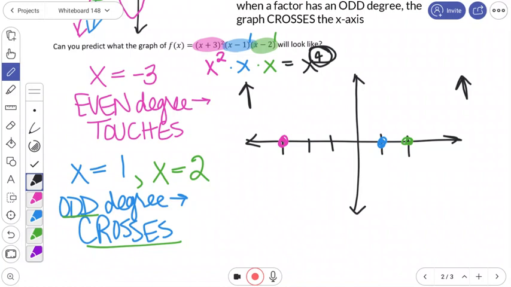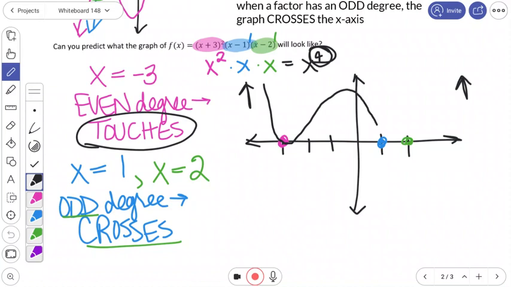So I'm going to sketch this graph without looking at my calculator at all. I know if I'm on the far left side, I need to start up, and then I'm going to swing down to my first x-intercept right there at negative 3. But I know my graph is only going to touch at x equals negative 3. So I'm going to go down, and then I have to bounce back up.